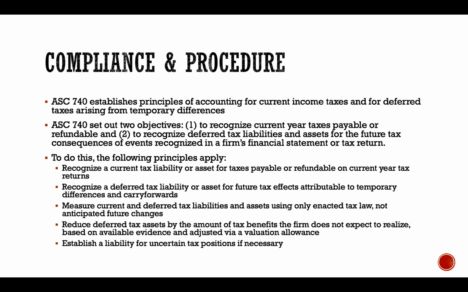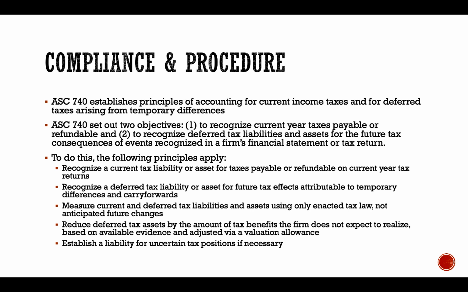GAAP established ASC 740, and it establishes the principles of accounting for current income taxes and deferred taxes arising from temporary differences. This is a GAAP requirement, so this is something that you will encounter more in a financial type accounting class. So I'm going to cover it fairly quickly, and it's not as important for our class.